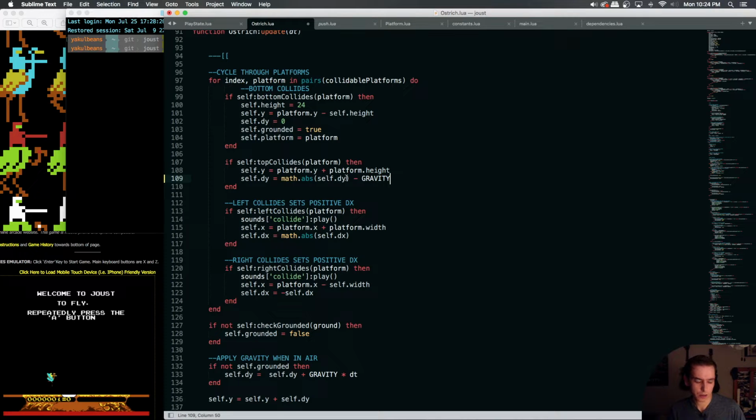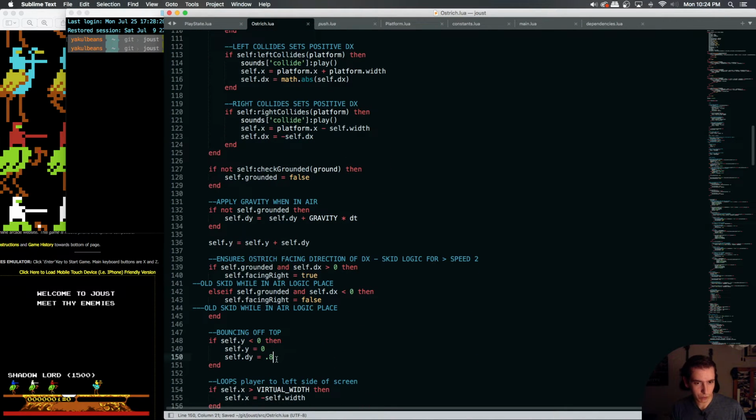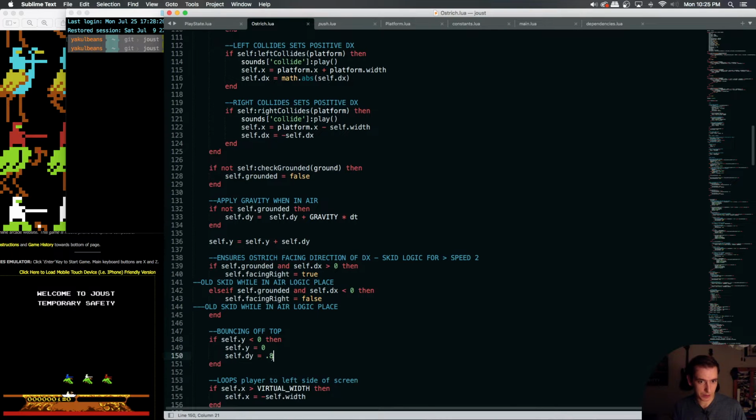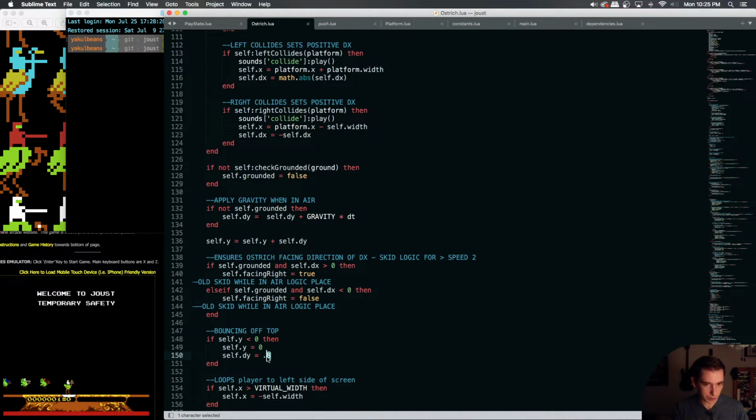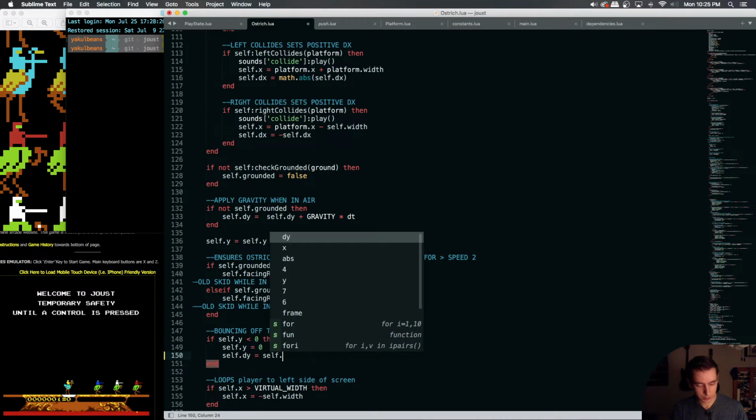So this, I'm hoping, will make it so that when we top collide, we're given a bounce equal to the proportion we jumped at, but then that very next frame, our dy will start to be incremented by gravity. So instead of this 0.8, I think this might be right, but we're going to see if this works: self dy.